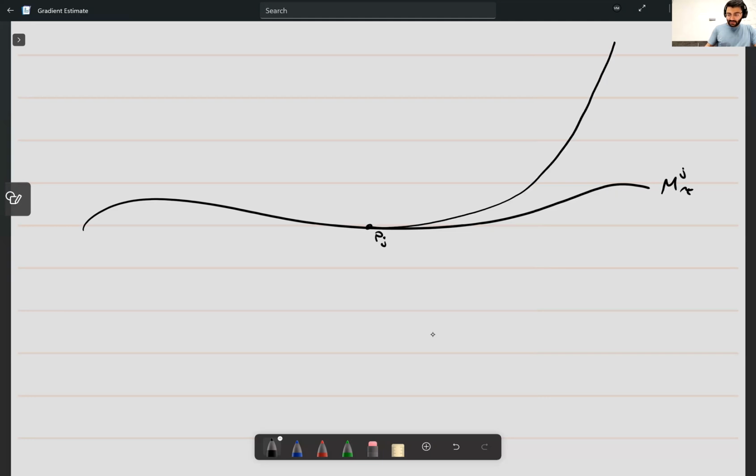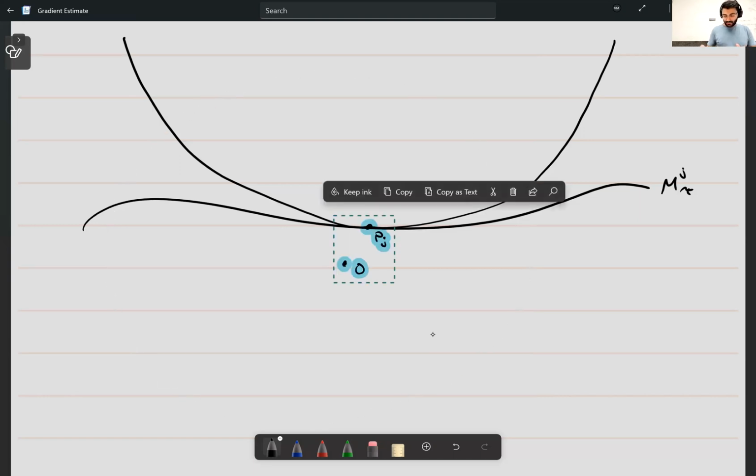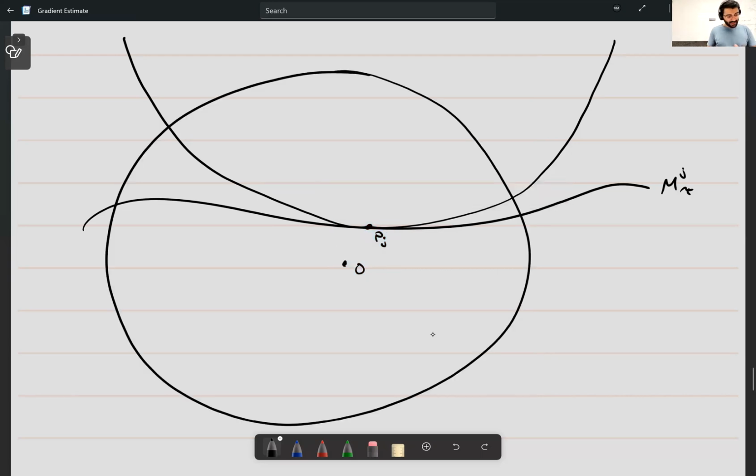And here is that exterior ball. Let's say 0 is over here, the point 0. And I also know that p_j lies within this set. That's the ball of radius square root of 2r minus delta at 0.